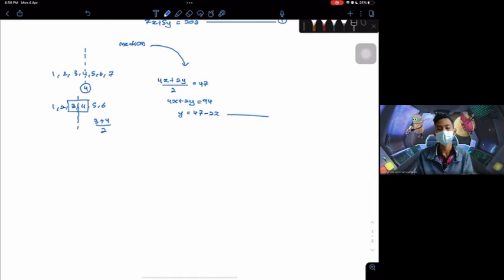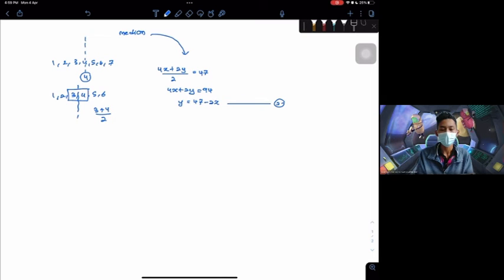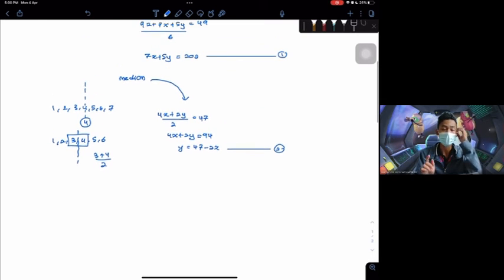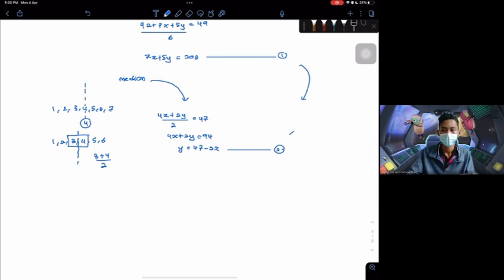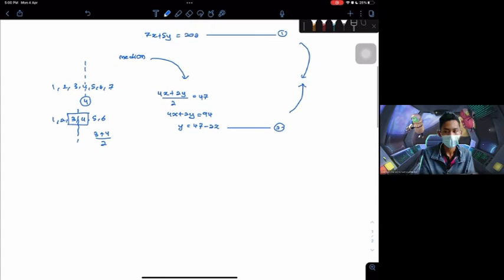Now, what I said just now, substitution. We need to substitute 1 and 2 into one equation so we can get the value of one of the variables. So we substitute y into the first equation, which is 7x plus 5 times, we substitute the formula here, 47 minus 2x equals 202. And we simplify it.